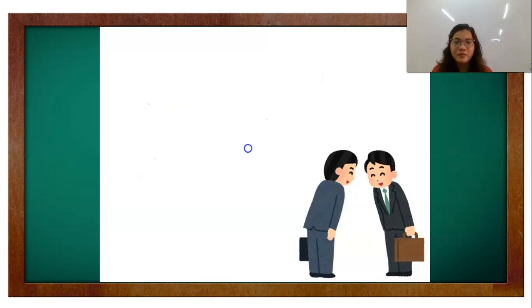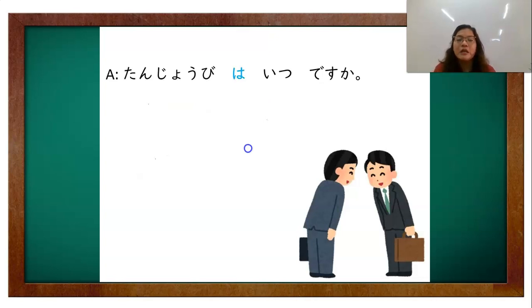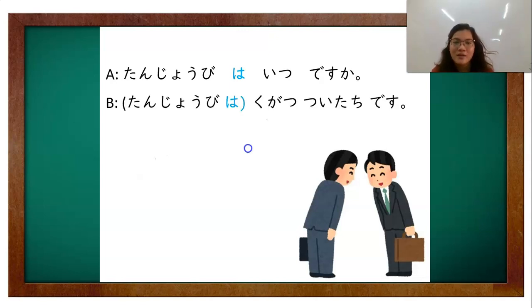Okay? Another example, tanjoubi wa itsu desu ka? Tanjoubi means birthday. Okay? So, when is your birthday? In Japanese, tanjoubi wa itsu desu ka? Okay?